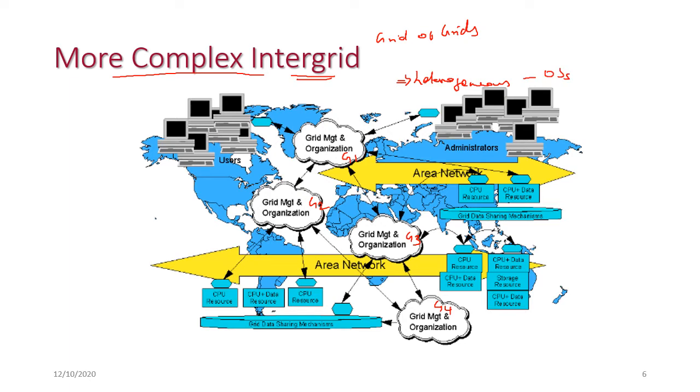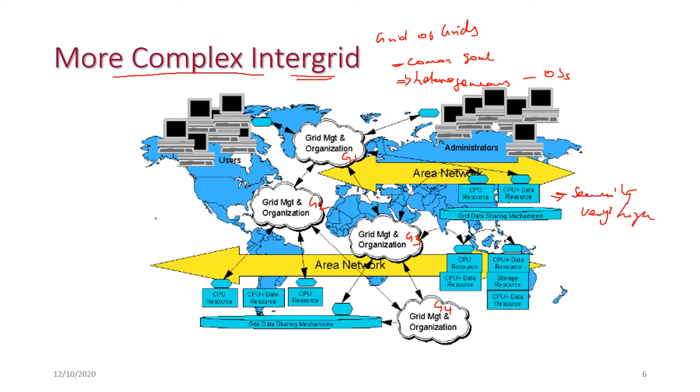All those resources may have different operating systems, and these organizations may have a common goal, and they will share those resources among each other. In this intergrid we should have very high security.